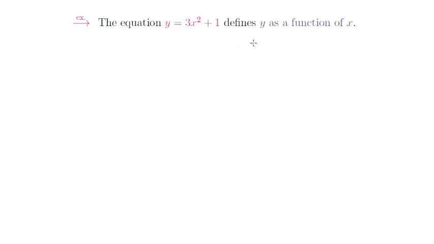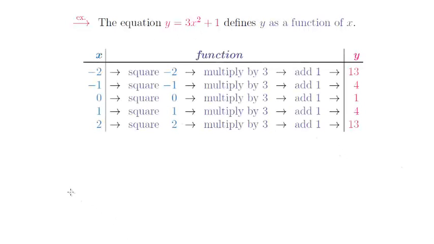Let's take a closer look at what this means, y as a function of x. To do so, we want to substitute some specific values for x into the equation and find the corresponding values of y. A good way to organize this information would be in the form of a table, where the first column here represents our input, our domain values, and over here we have elements in our range.